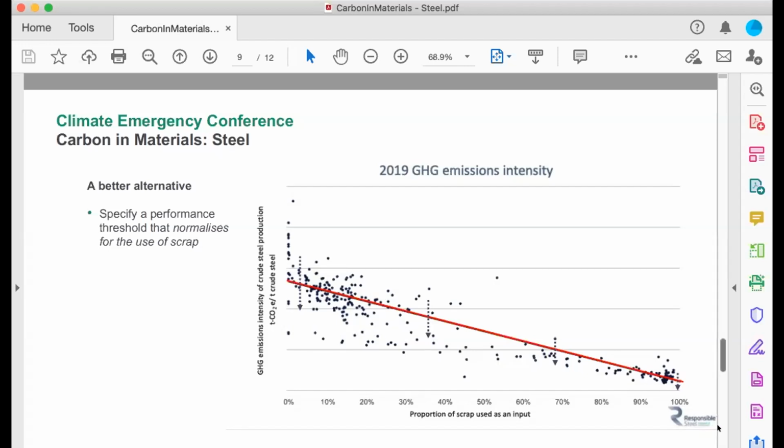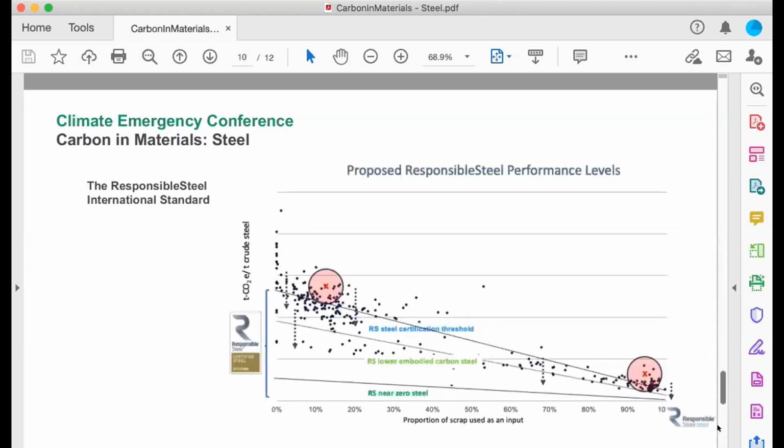There is certainly plenty of devil in the detail. We need to agree rules for scope boundaries for scope 1, scope 2, and scope 3. We need internationally consistent rules for measuring greenhouse gas emissions, which don't currently exist. We need to define these emissions in terms of site level crude steel GHG emissions intensity.